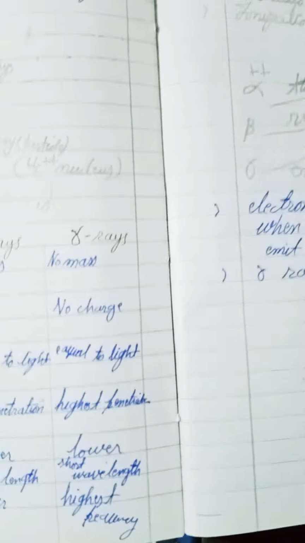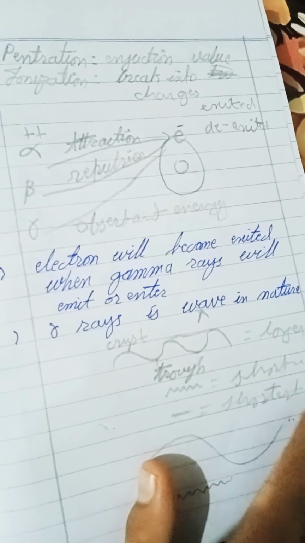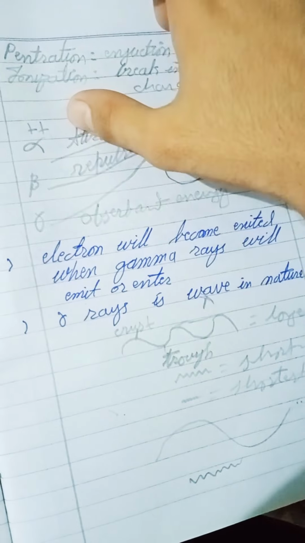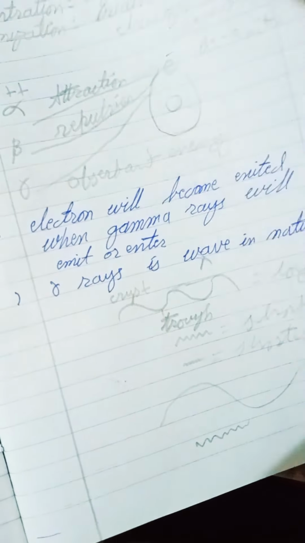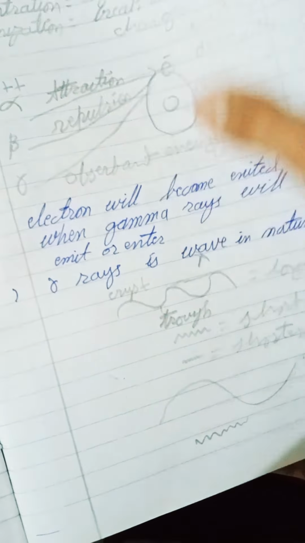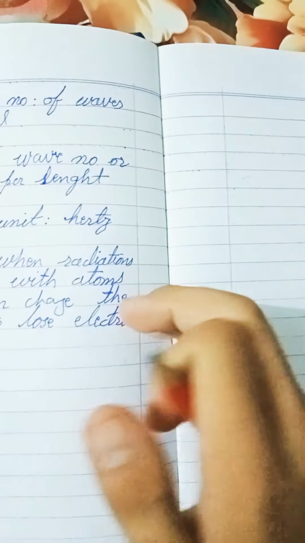The electron will become excited when gamma rays enter. We have talked previously about X-rays being wave in nature. Energy moves in waves, in the form of waves.